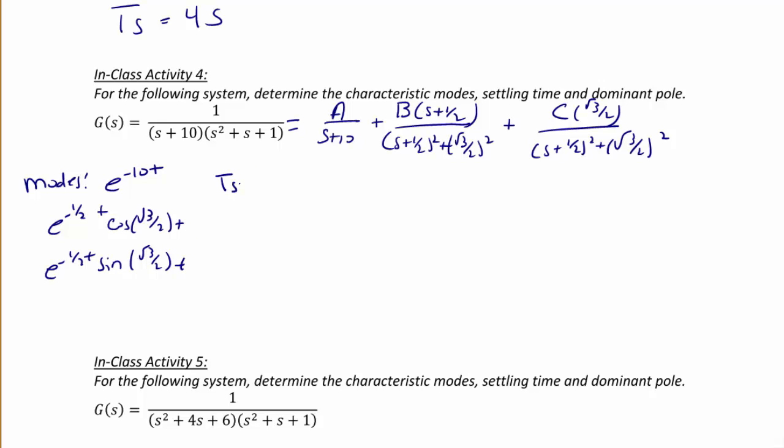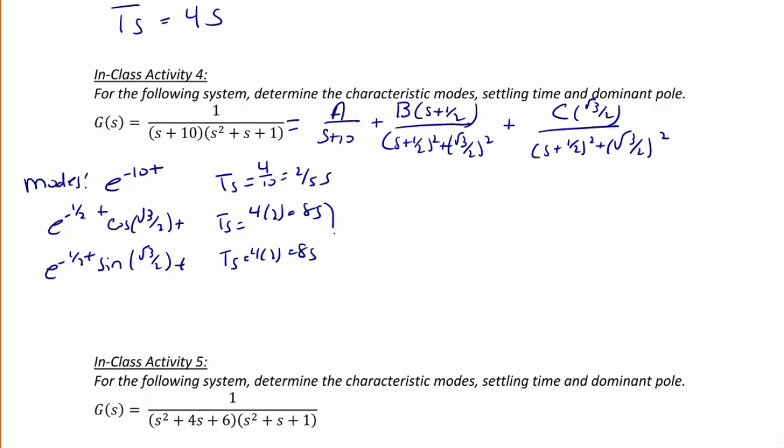The settling time for the top one is 4 over 10, or 2 over 5 seconds. The settling time for the second one is 4 times 2, or 8 seconds. And it's the same for the third one, 4 times 2, which is 8 seconds.